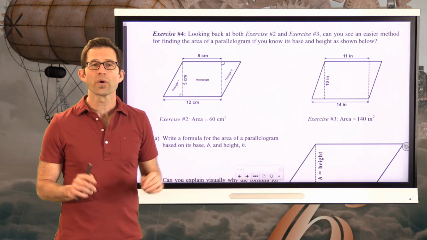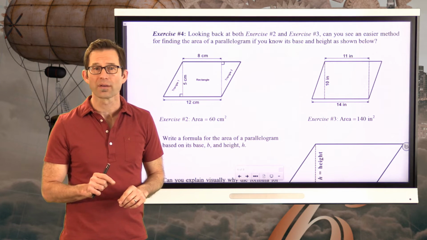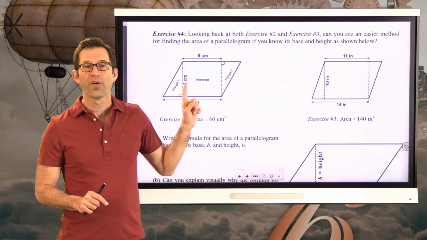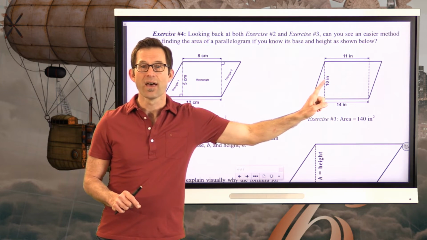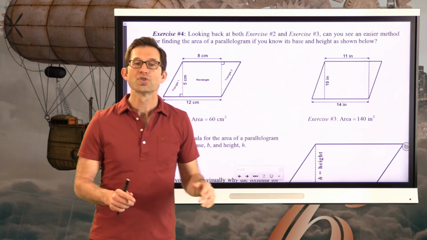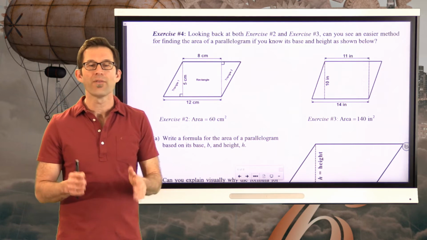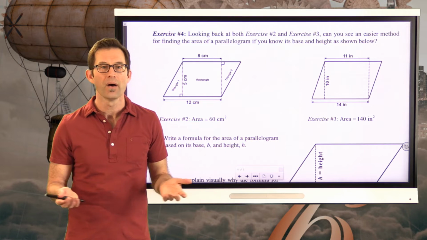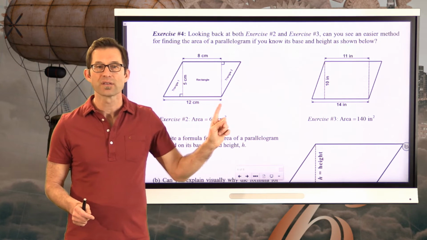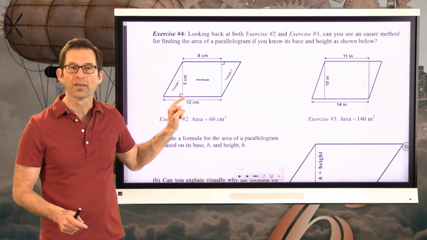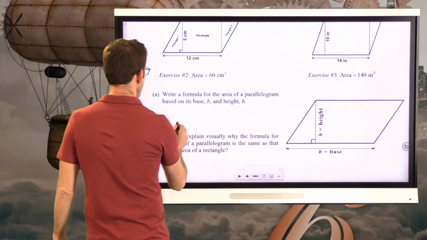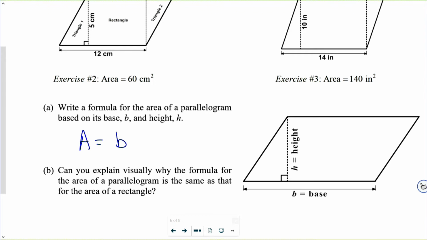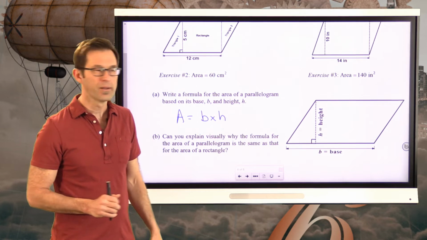And again, here's where you have to feel very comfortable with your products. 12 times 5 is 60. 14 times 10 is 140. So it appears that we can find the area of a parallelogram by just doing the base times the height. That's it, right? So the area of a parallelogram appears to be just base times height, right?